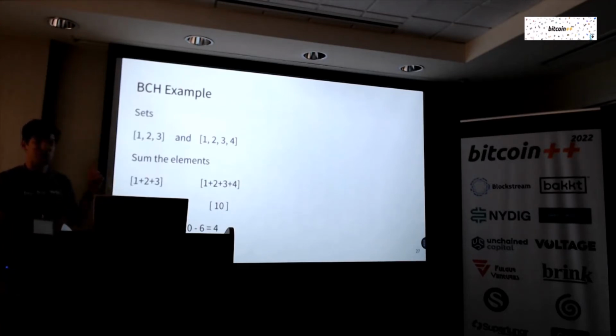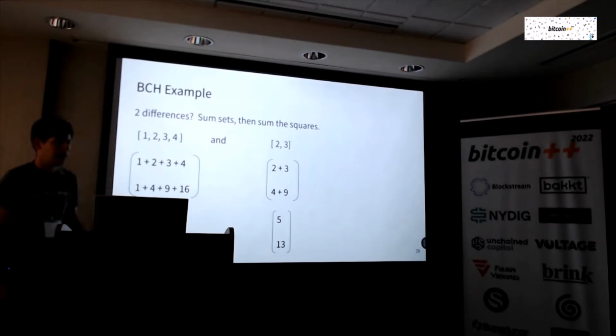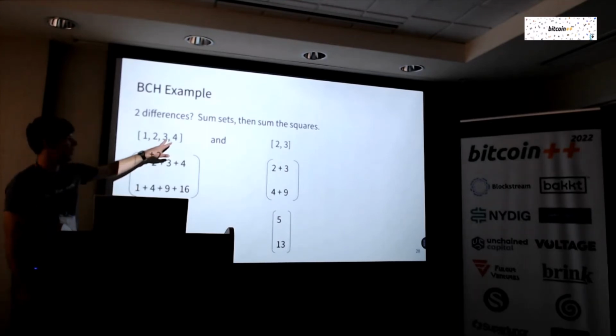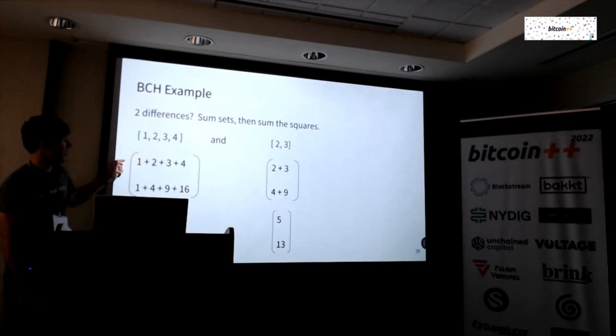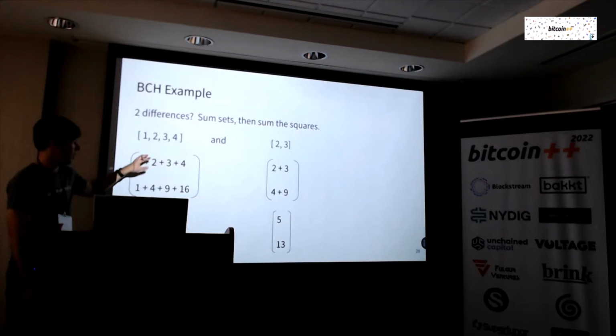So, okay, cool property, but we're basically just doing subtraction here, right? Yeah, so this basically only works with exactly 1 element. But we can actually do another trick where, say we want to encode 2 differences, we can take the simple sum of the elements in this array. So here's our array.